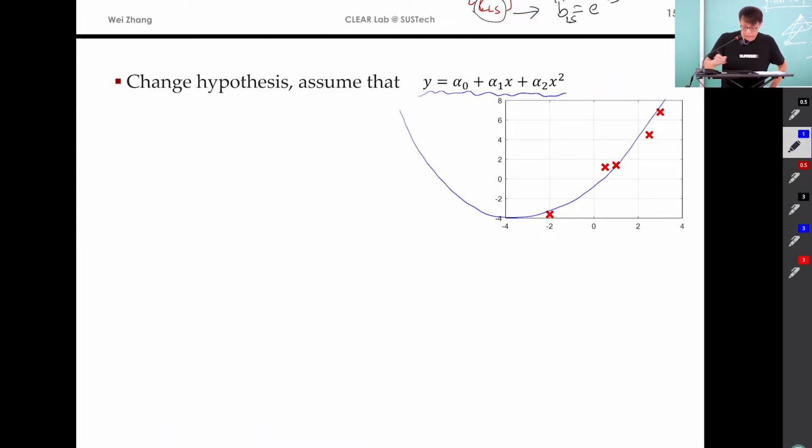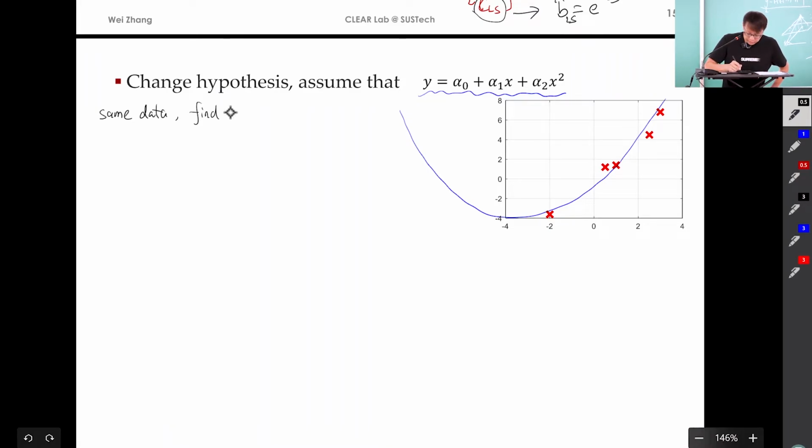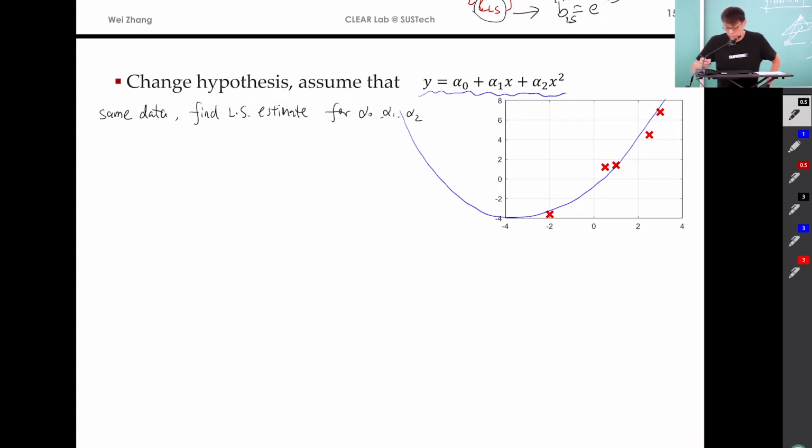And now I want to say, with the same data, find the LS estimate for alpha 0, alpha 1, and alpha 2. That's fine, right?